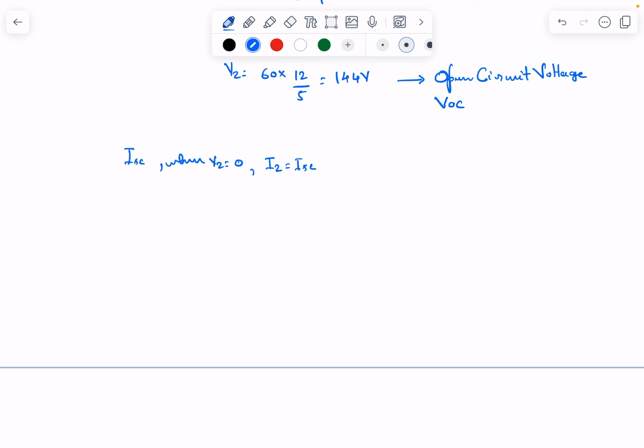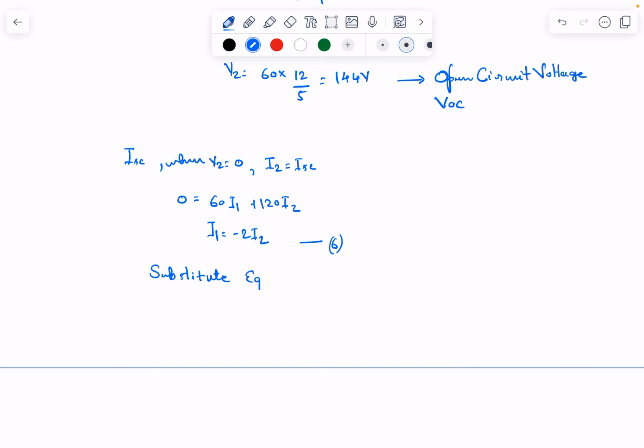From the Z parameter equations we wrote, we'll get 0 is equal to 60I1 plus 120I2. Then I1 is equal to minus 2I2. Let this be equation number 6.